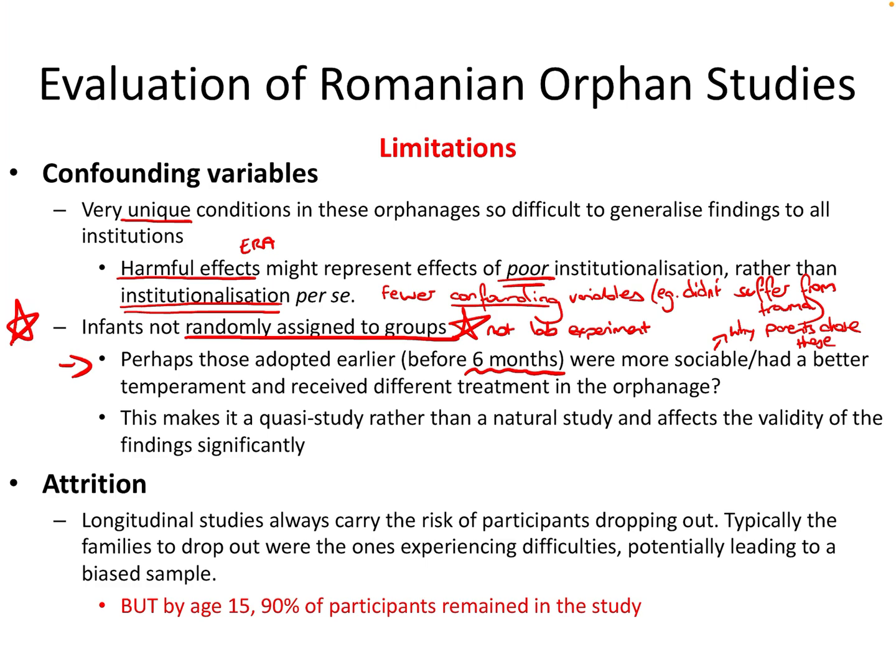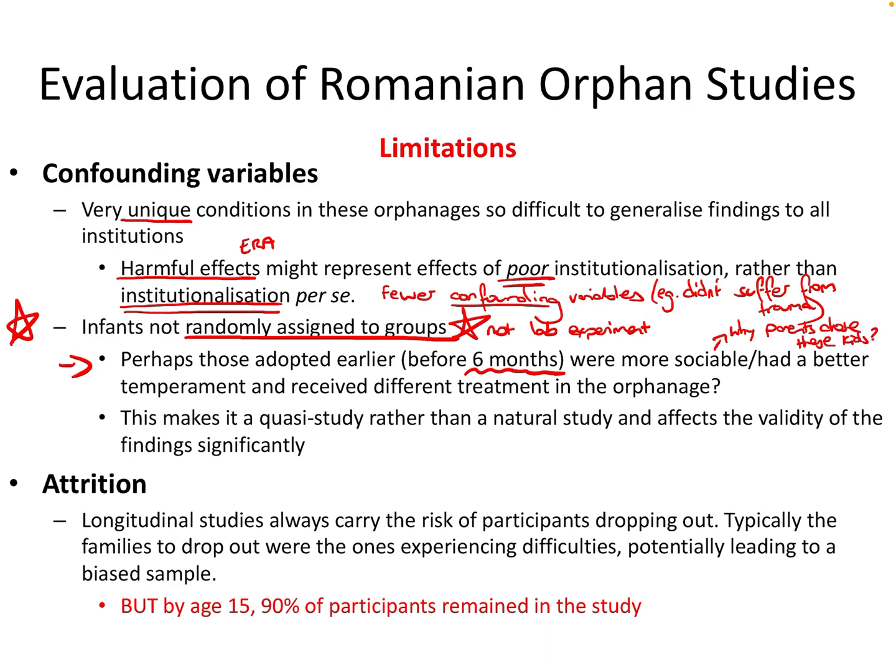So they're the ones deciding who gets adopted before 6 months, between 6 months and 2 years, and 2 years to 4 years. So we have to consider, what led the parents to pick some children rather than others? Why were some children left for another 2 years, whereas some children were adopted straight away?